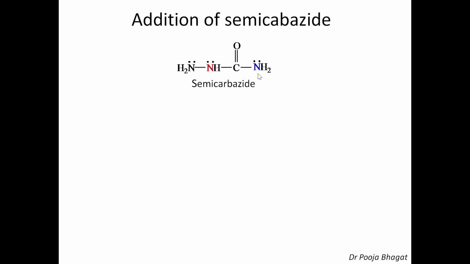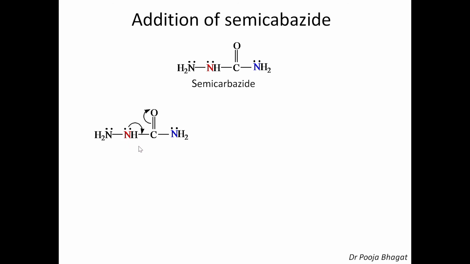Now we have to decide which of these three nitrogens will be a stronger nucleophile and react with the carbonyl compound. Now see, this red nitrogen, the lone pair of electrons will be delocalized by resonance. The lone pair will shift here and the pi electron density will shift towards the oxygen.